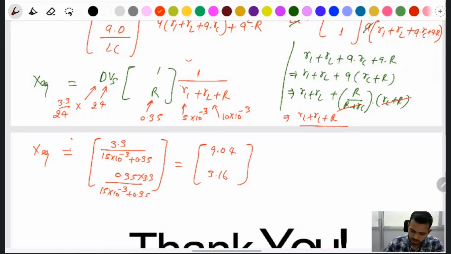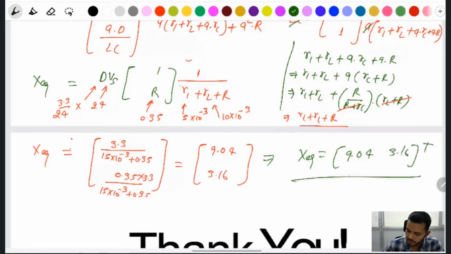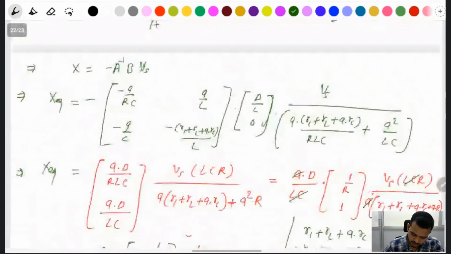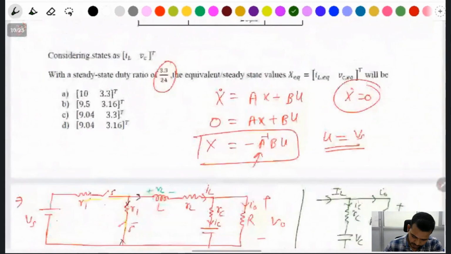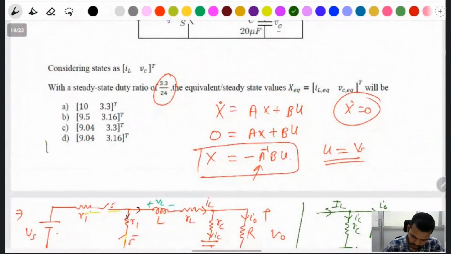Find 9.04 into 3.16. To solve this, we take a transpose of this and find x equivalent is equal to 9.04 3.16 transpose. That's the answer of this question.